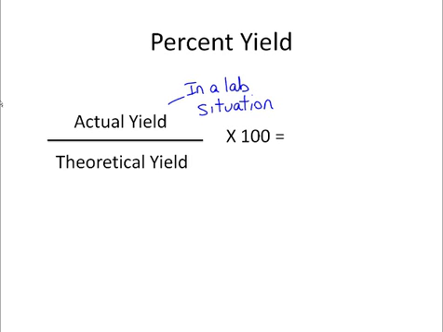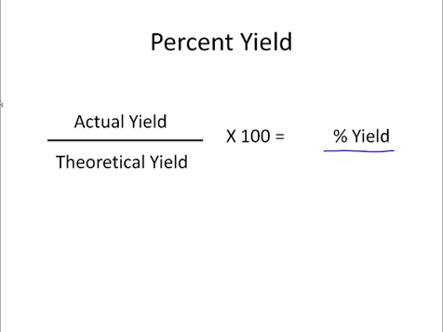Your theoretical yield, that's going to be your stoichiometry calculation. In general, your actual yield is always going to be less than your theoretical yield. So you're going to divide the two, multiply by 100, and then you will get your percent yield.